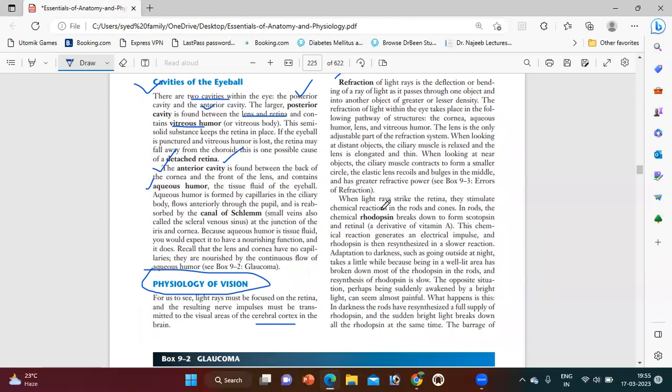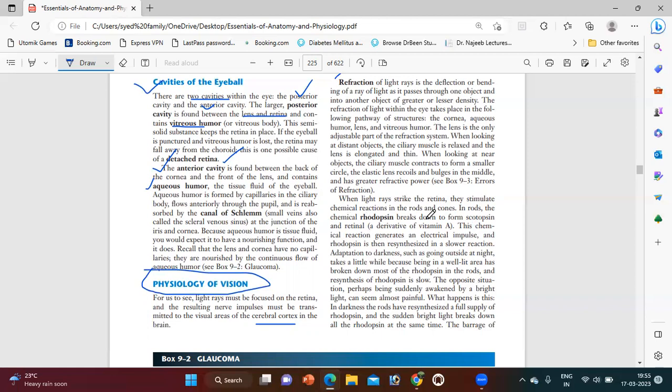When light rays strike the retina, what will happen? The light rays enter into the lens, whether it is a distant object or a nearby object, and then enter into the retina. They stimulate a chemical reaction in the rods and cones. So basically, how do they talk to each other?